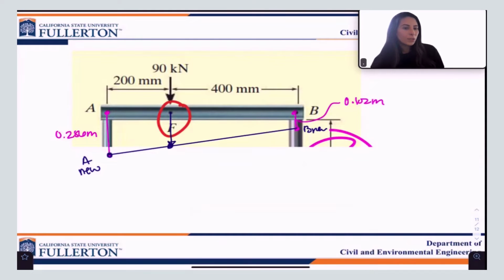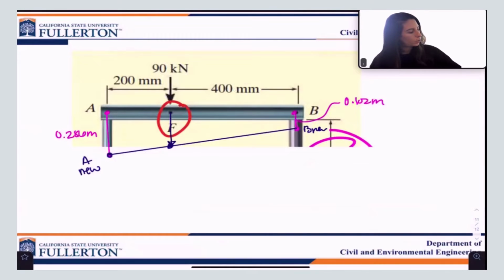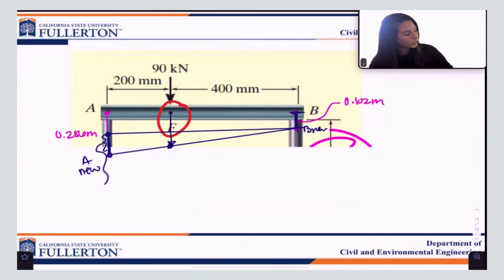All I have to do is use similar triangles now, okay? Let me show you the triangle. So I know that from here to here is 0.102. That means that I can get this distance by saying 0.286 minus 0.102, and I'm left with 0.184.